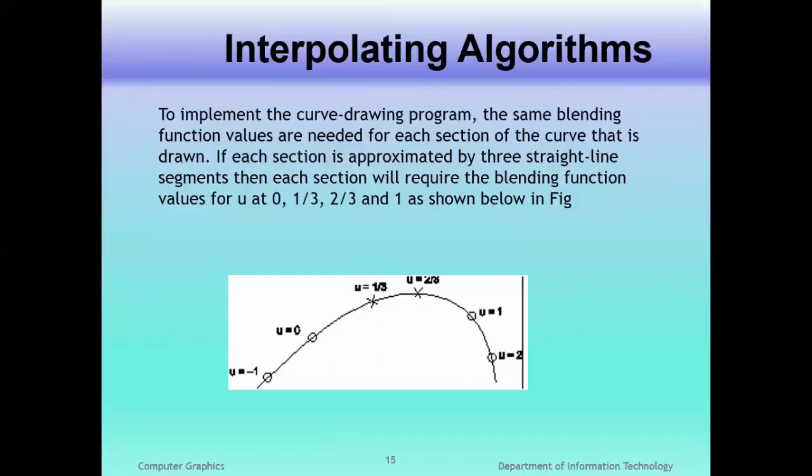Similarly, if we want to draw any curve, we must know the equation of that curve, so that we can place a point in that equation, and if the equation becomes true, it means the specified point is lying on the curve. But here we do not know the equation of the curve.